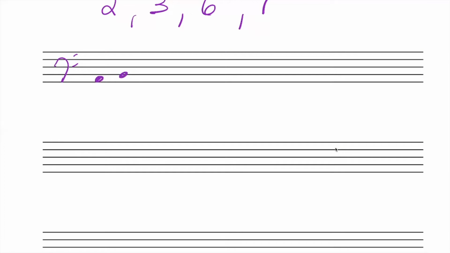This is our major second, right? We just determined that. A to B, major second. Well, a minor second, any minor interval, is a half step smaller than its major counterpart.